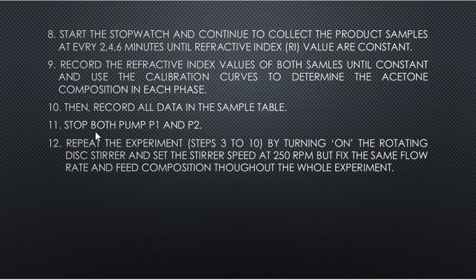After that, stop both pumps P1 and P2. Finally, we repeat the experiment from step 3 until step 10 by turning on the rotating disc stirrer and setting the stirrer speed at 250 RPM, but keeping the same flow rate and feed composition throughout the whole experiment.